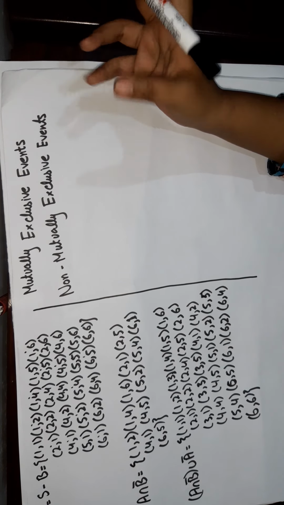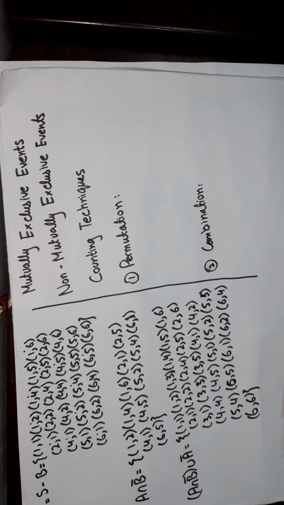For example, if there are more than 50 or 100 outcomes, and from those outcomes you have to select 10, then in how many ways are you going to select these items? There are so many ways, and you cannot measure or write them manually. So for this we use some counting techniques.